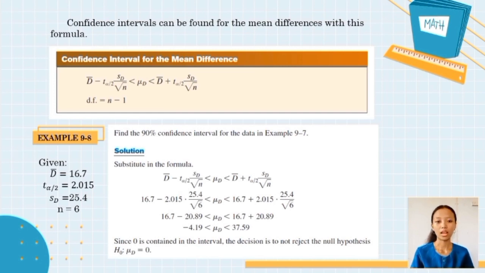So our final answer is mu sub d is greater than negative 4.19 but less than 37.59. Since 0 is contained in the interval, the decision is to not reject the null hypothesis mu sub d equals 0. And now that ends section 3.